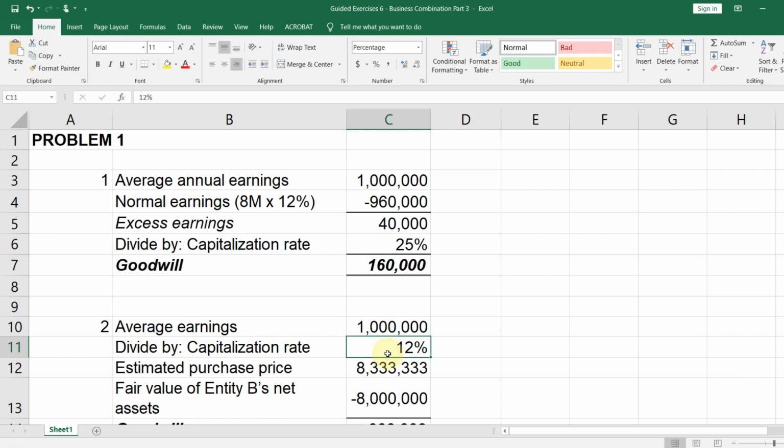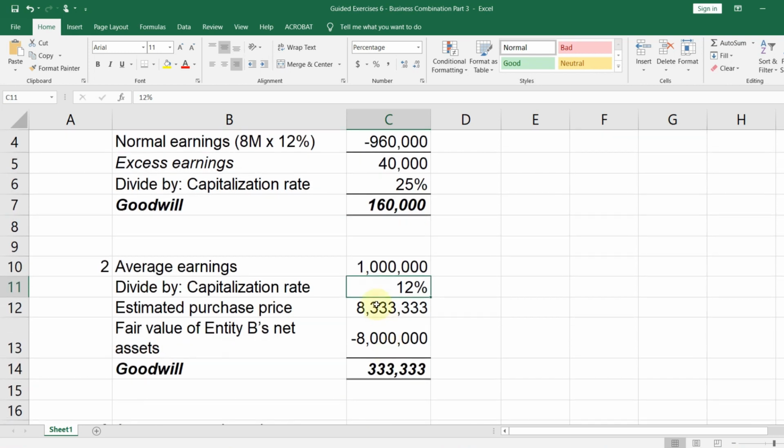By our discussion, when we divide the average earnings by the capitalization rate, you'll get the estimated purchase price. So how do you get the goodwill? Less mo lang yung fair value ng net assets of entity B, that's 8 million, you'll get goodwill of 333,333. So that's number 2.